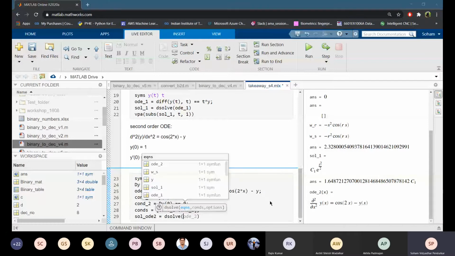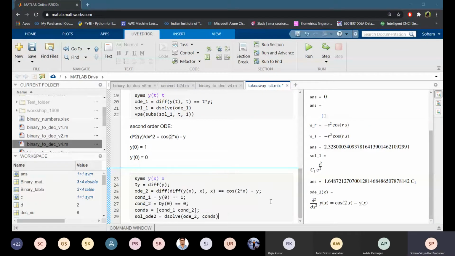What do you want to solve? ODE2, comma, conditions or cons. There it is. Now if you run this, see here, solution of ODE2. It solved it for us so nicely. So this is what Symbolic Toolbox does for us.